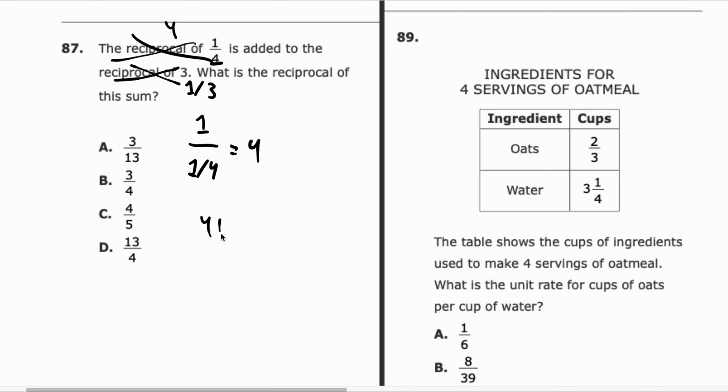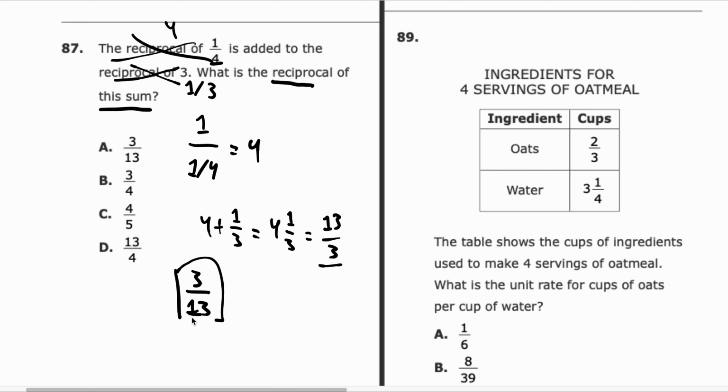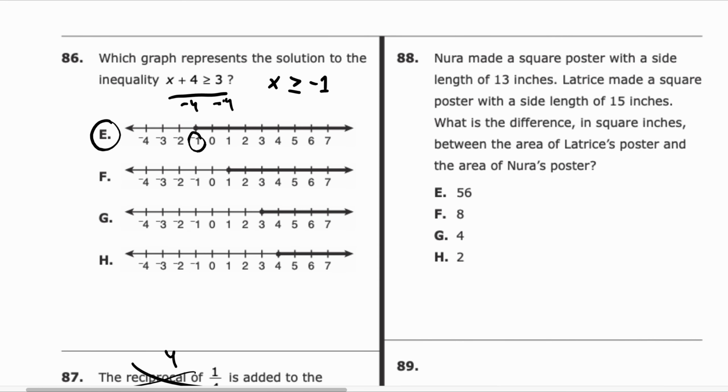So we have 4 plus 1 over 3, which is 4 1/3, or 13 over 3. That's the sum, and then we're being asked for the reciprocal of this sum. So that would just be 3 over 13, or A.